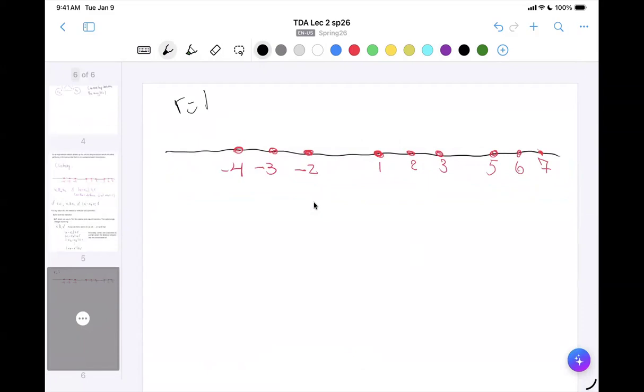For example, -4, -3, -2 are related because you can do steps of size one between any of these points. And then 1, 2, 3 are related for the same reason, and same with 5, 6, and 7.